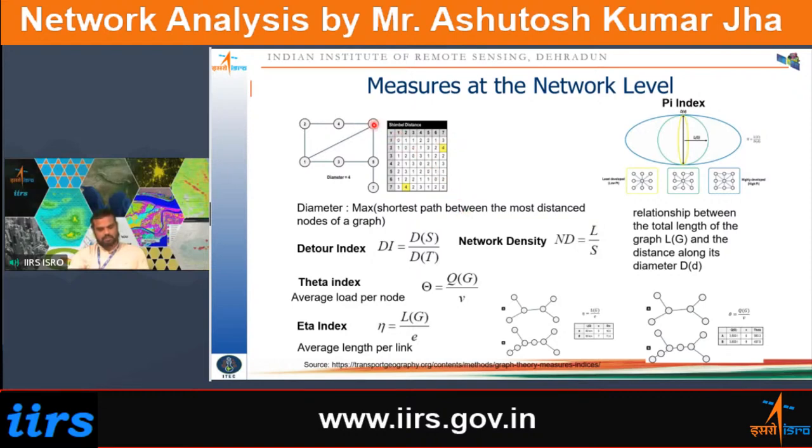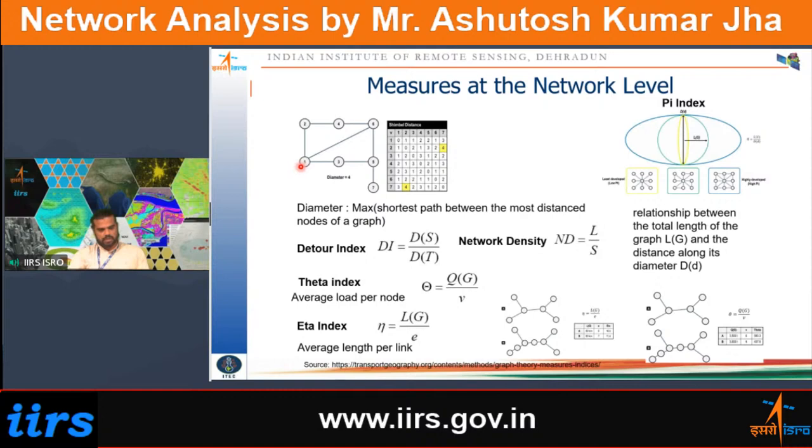Those are nothing but the shortest path distances. So what is the shortest path between node 1 and node 1? It's 0. From 1 to 2, you need 1 path. Similarly, 2 to 1 will be 1 path.